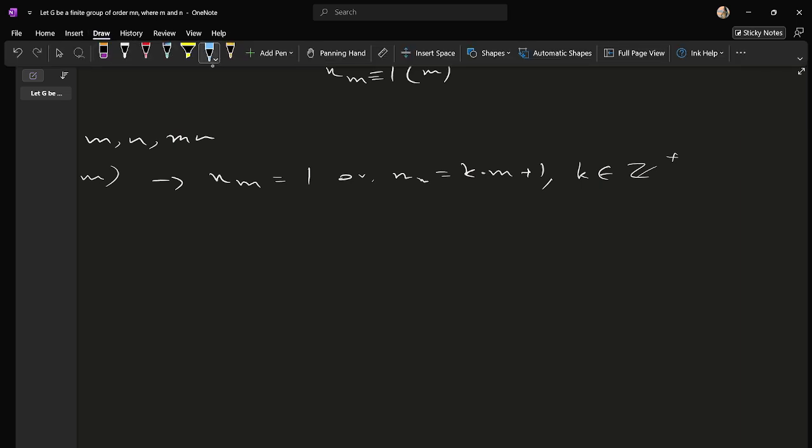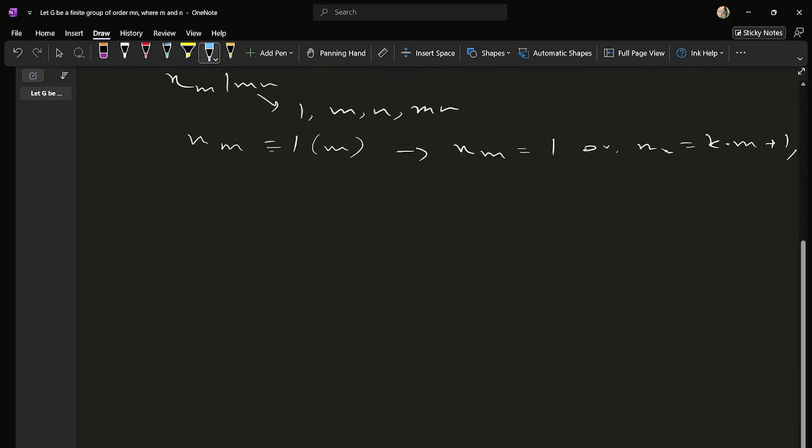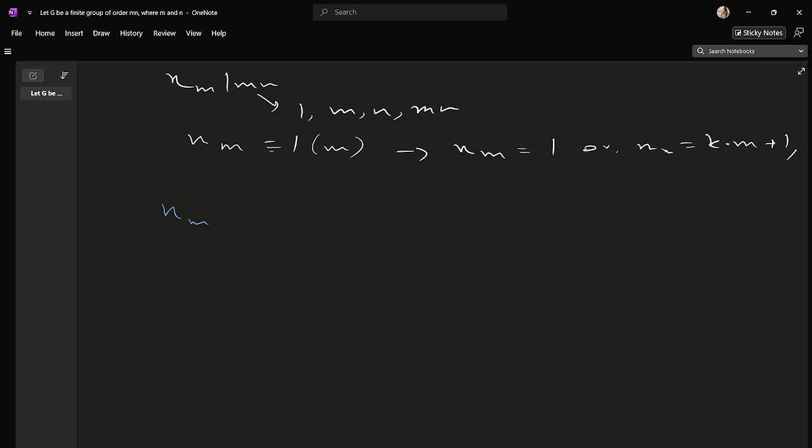Now what will happen? If n_m is equal to n, this cannot satisfy the congruence, since m is greater than n, so this is impossible.